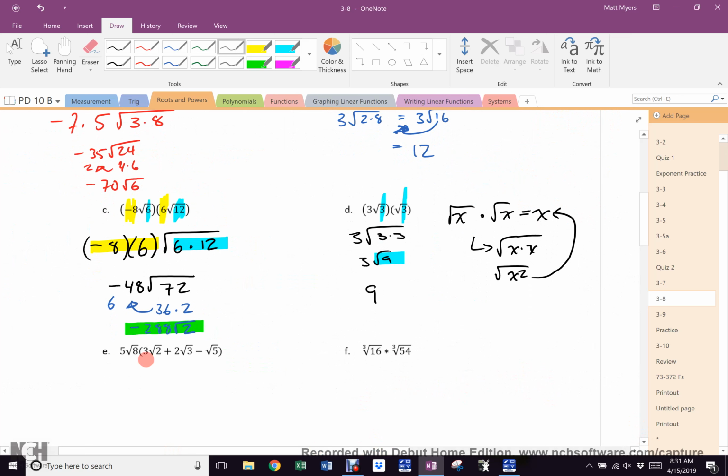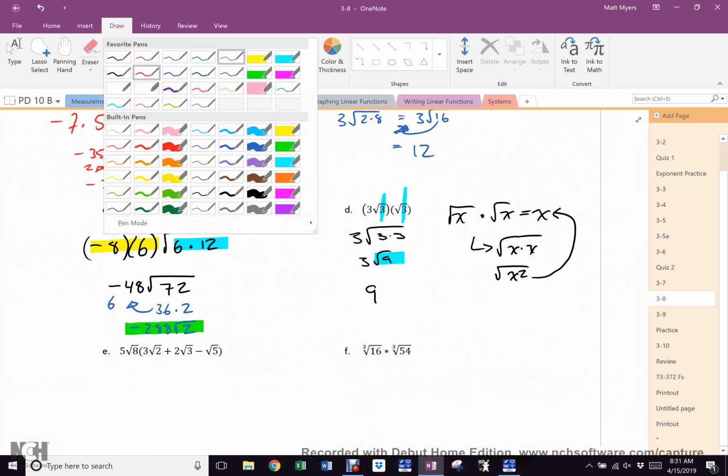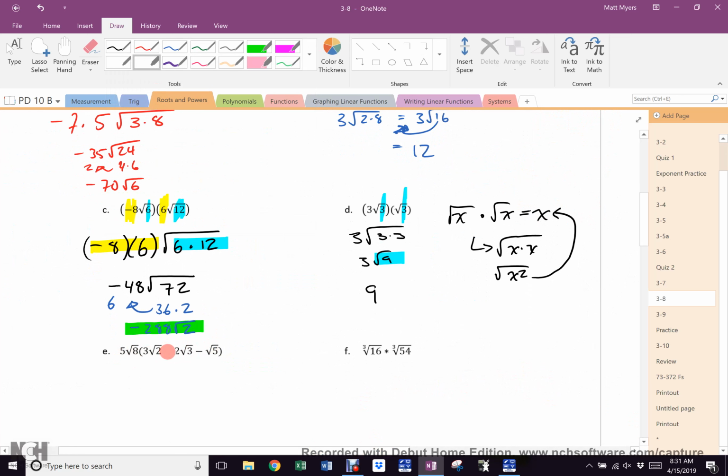Now, start putting it all together. What would you do if it was just that? What would the answer be? 15 root 16, right? What would you do if it was just that?